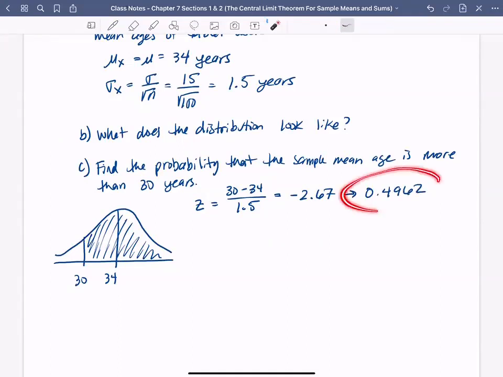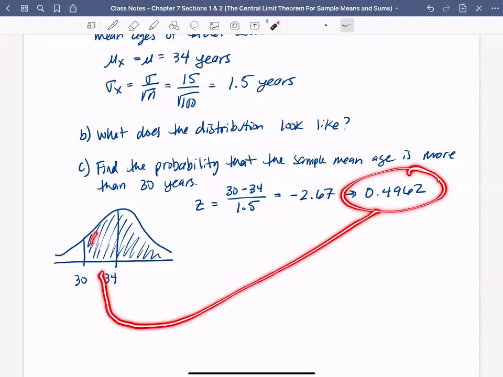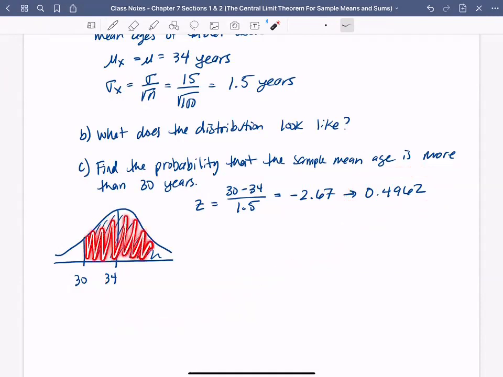Remember, this just means the probability in here. But we don't want just that. We want all of this. So if this is 0.4962, we also already know what all this is, because the mean separates it in half. To the right is 0.5 and to the left is 0.5.